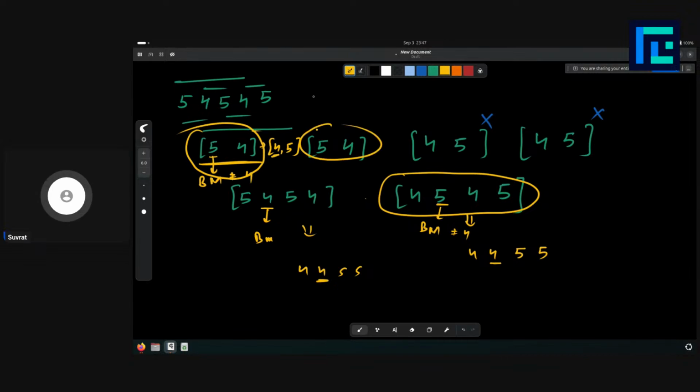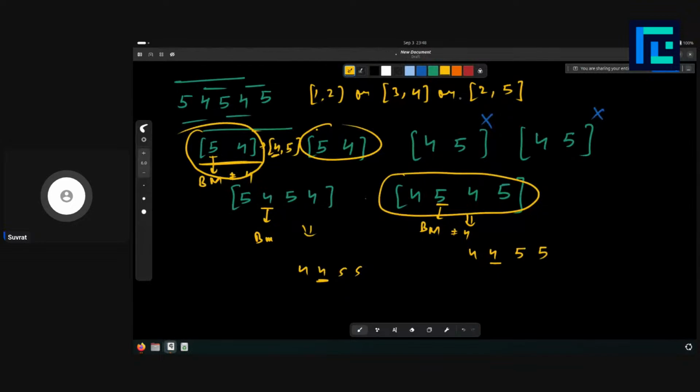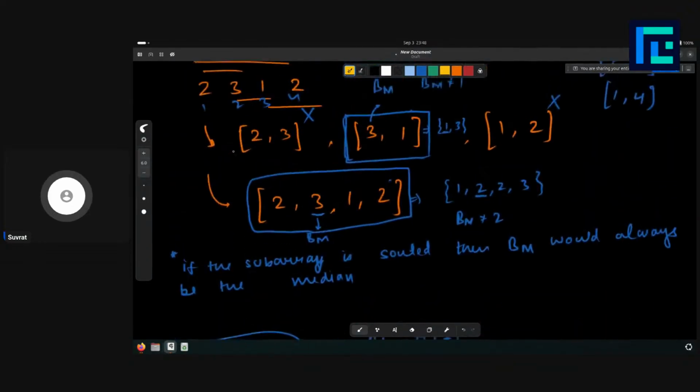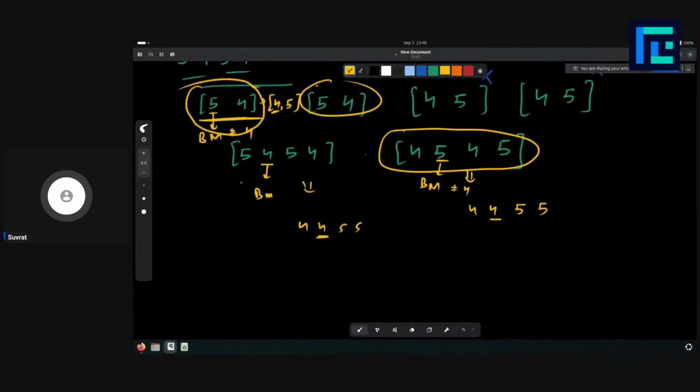So the answer could be 1 2, or 1 2 3 4, or 2 5. All three are valid answers; any of them you can output. We saw a similar kind of test case above as well, a similar subarray here 3 1, and here also 5 4.